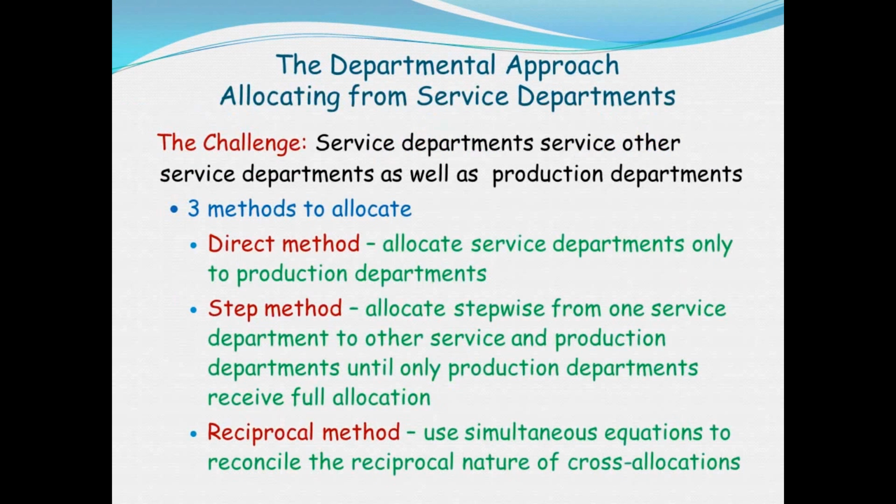So as we said, the challenge is that service departments service each other. And that's the challenge. Otherwise, this would be a relatively simple thing to do. And so there are three methods used to allocate. It's actually a four, which is kind of heuristics.